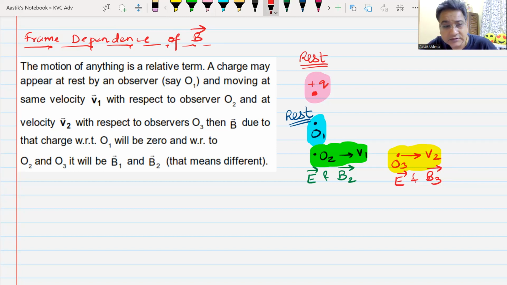That means magnetic field depends on the frame of reference. Depending on from where you are watching this charge, the magnetic field may keep on changing. Magnetic field depends on the frame of reference.